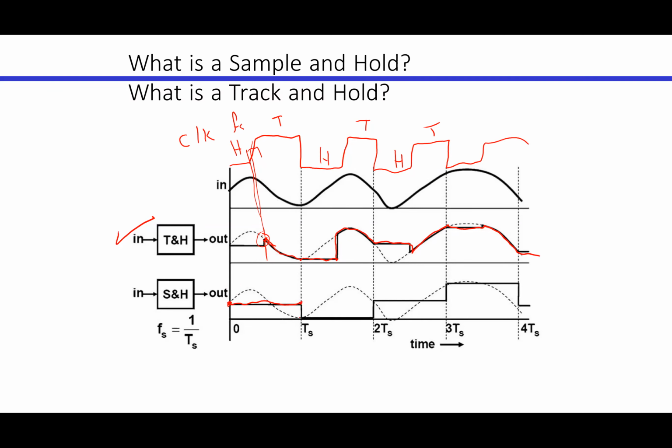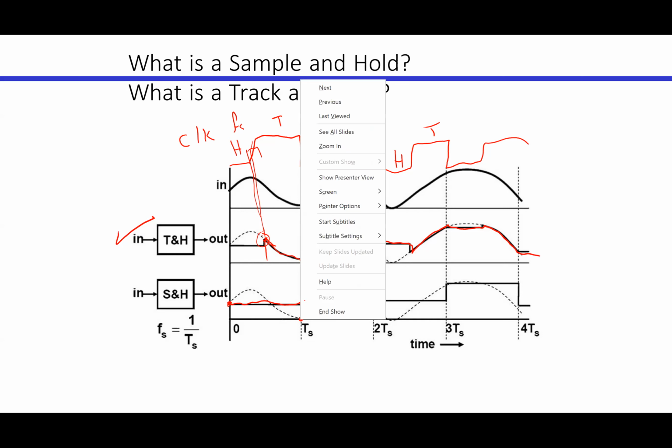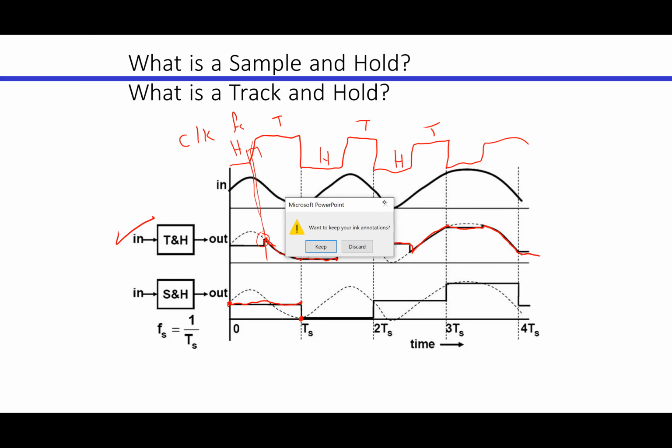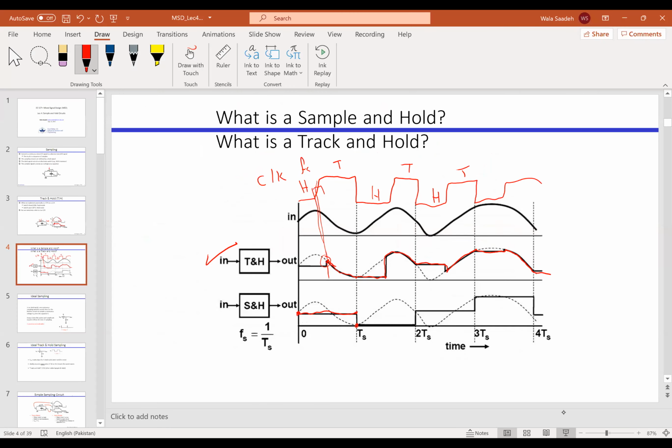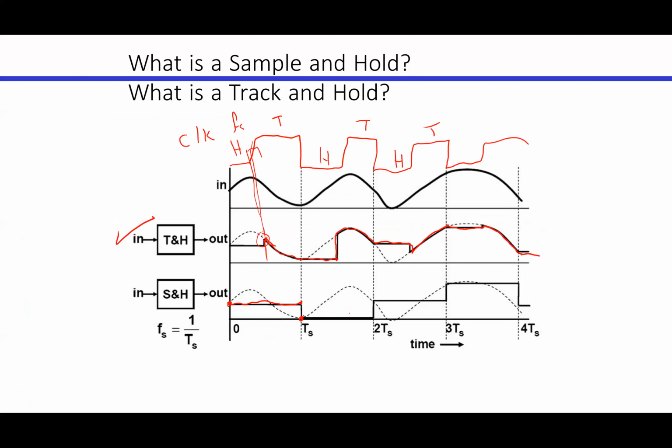Now, the next value from the VN that we sample is the one down here on the dashed line. We sample this value, and then we hold it until the next cycle. Now, what is the value on the VN? This is the value of the VN from the dashed line. We sample it and we hold it until the next clock cycle. Now, on this next one, what happened? We sample this value and we hold it until the next cycle.